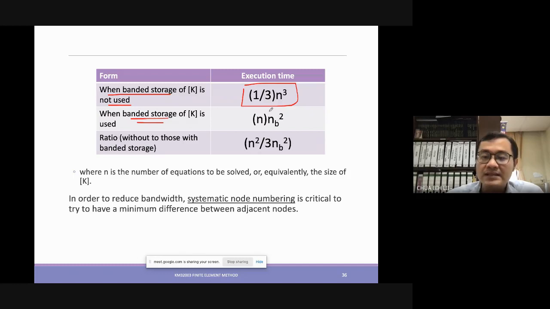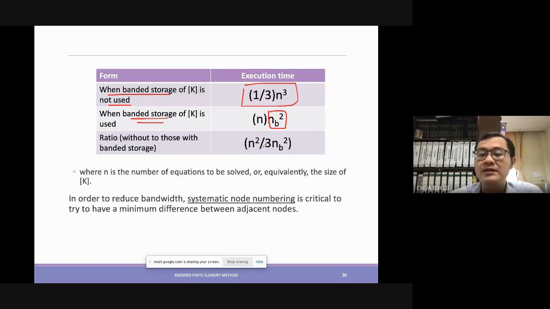So what we can see is that when we use this NB, then let's say NB square itself, okay? The ratio, okay? By taking the ratio with and without, we can cancel out the n here, right? So when we cancel out the n, the upper part would be without the banded storage.